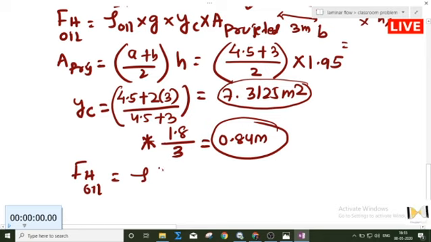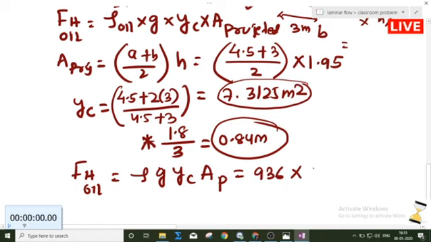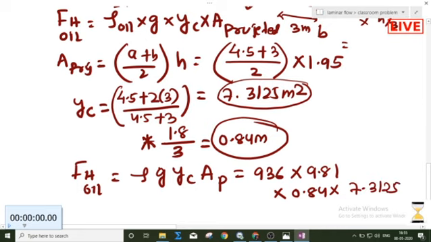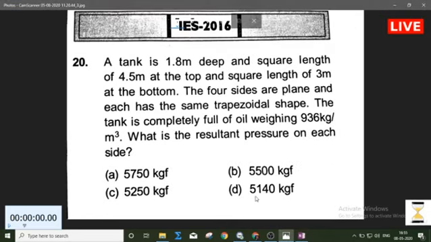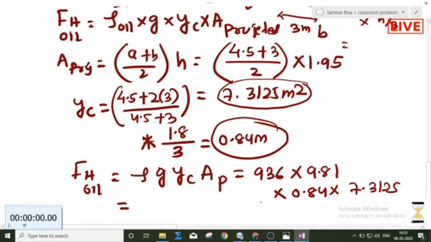So force is density into g into yc into projected area: 936 into 9.81 into 0.84 into 7.3125. The option is asking in kg force, so since we are finding it in Newton, we divide by 9.81.